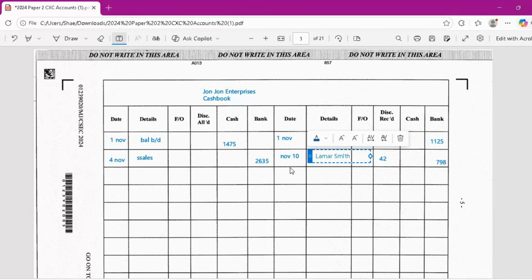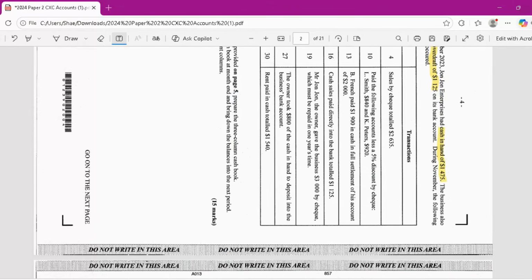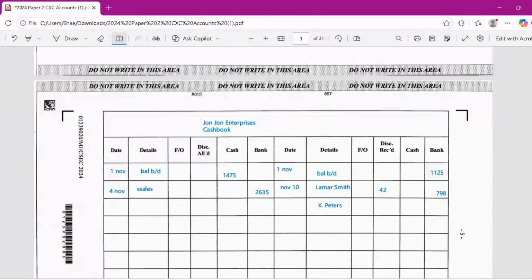Then we go down to the next person, who was K. Peters. K. Peters should also get 5% discount, and they said that we paid him 920.